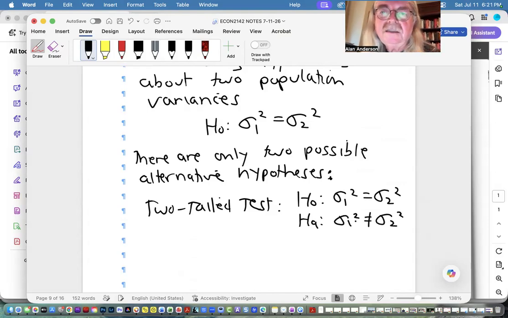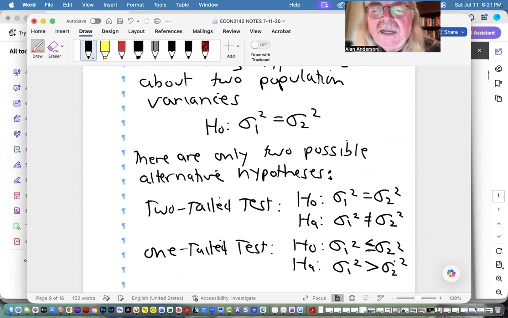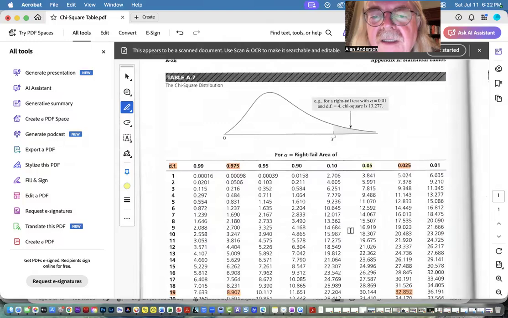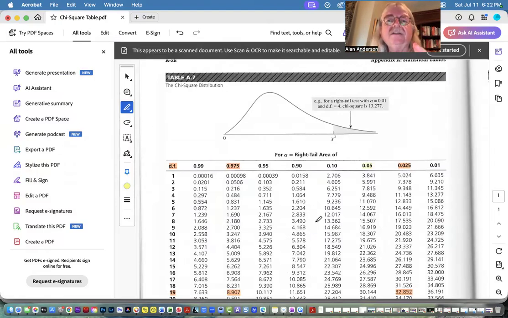But then instead of having left and right, we have one-tailed test only. And you see how it's written? It looks like it's a right-tailed test. We don't have a left-tailed test. We have a one-tailed test. And so both possible cases are lumped together as a single case, the one-tailed test, but it's written like this, and there's a good reason for that.